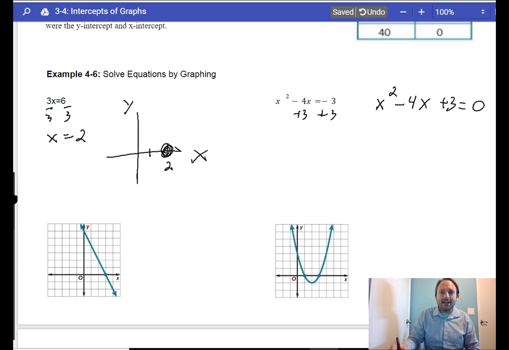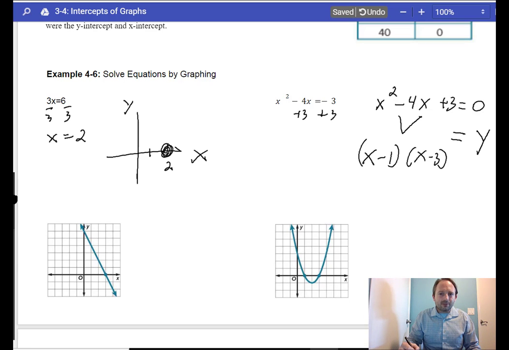They want us to pretend, what if we pretend it's y? That doesn't really help us. Technically we'd have x minus 1 if we factor this, it would look like this. How do we factor it? Well, we'll get into that later. And so we get the zeros 1 and 3. So that's where we get this right here, 1 and 3.